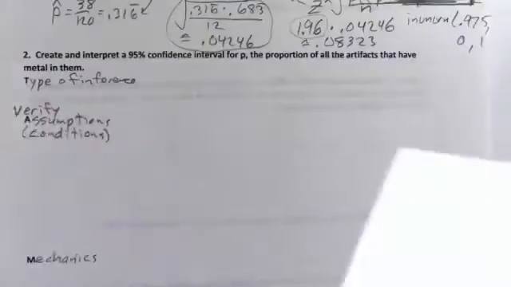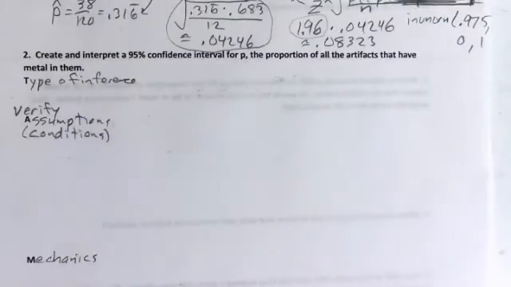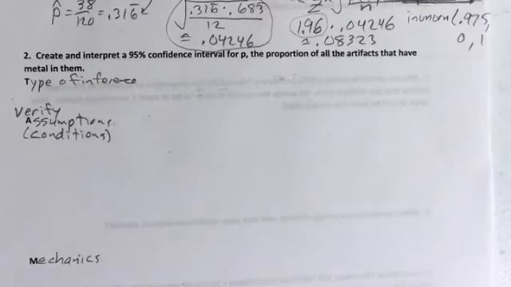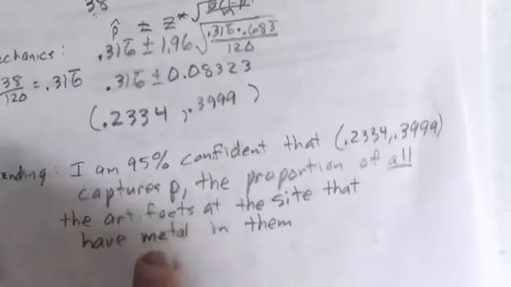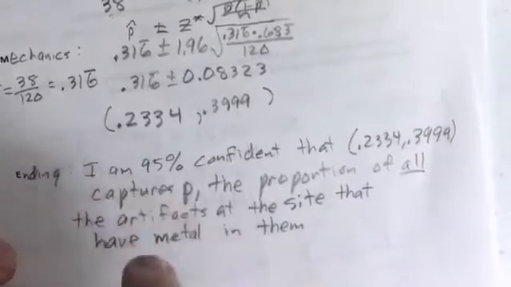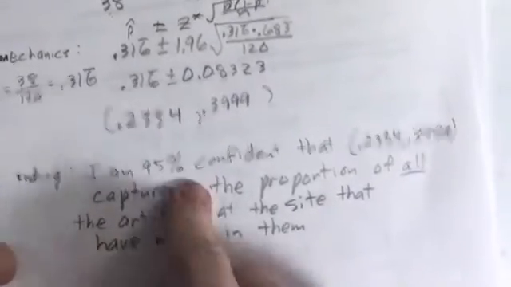And so that's the heart of section 8.2. Now, important concepts that you need to be aware of, as we discussed in section 8.1, is interpreting the confidence level. Now, what we just did on the other side here is what is known as interpreting the confidence interval. And you have to do that every time you make an interval.